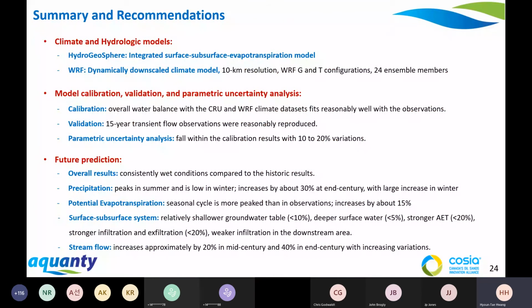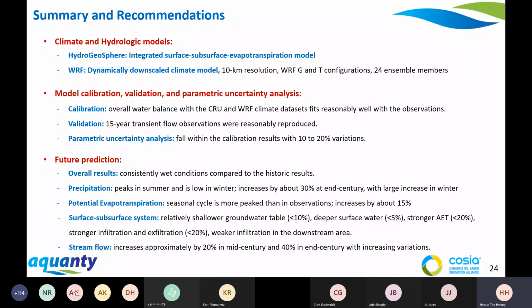Here, let's get a summary. First, climate and hydrologic models. We use HydroGeoSphere for integrated surface, subsurface, evapotranspiration simulation. And we use the WRF model, Weather Research and Forecasting model, for obtaining a dynamically downscaled climate data set with a high resolution, which is 10 kilometers.